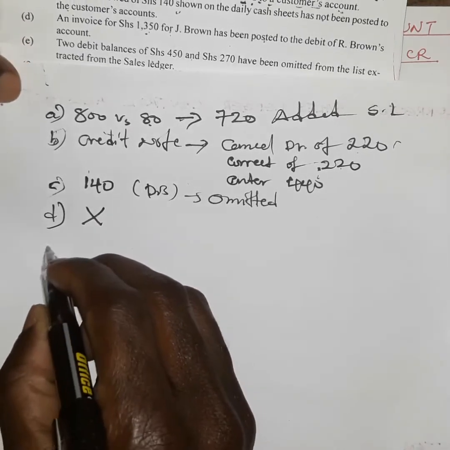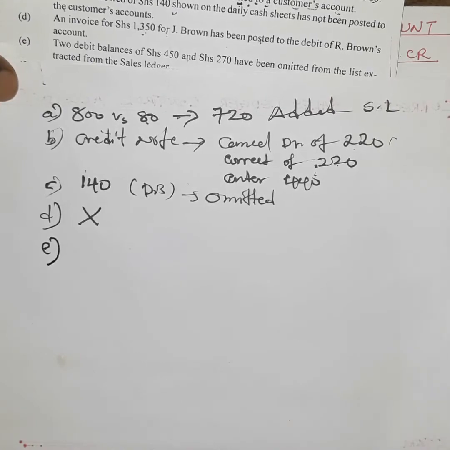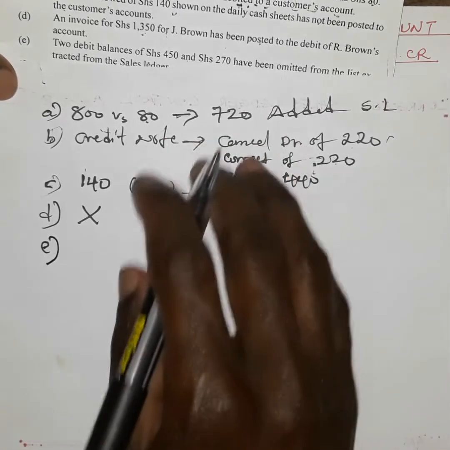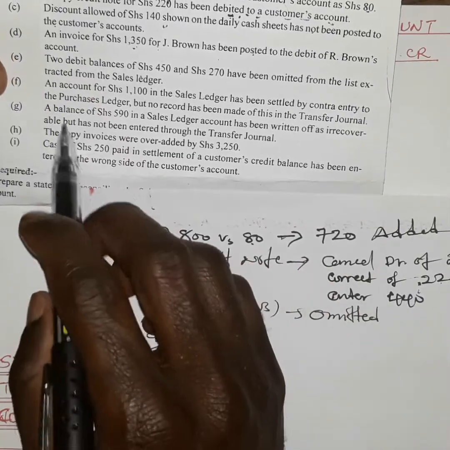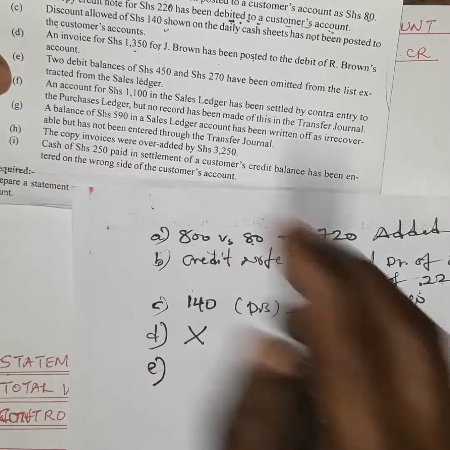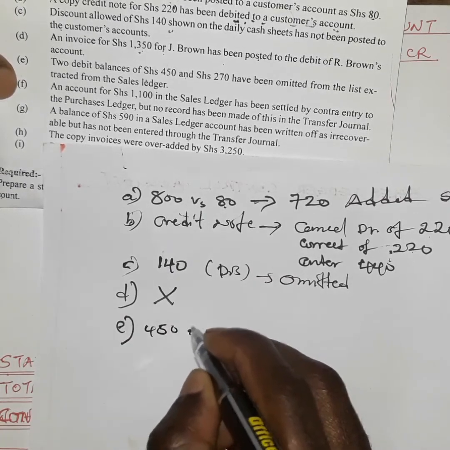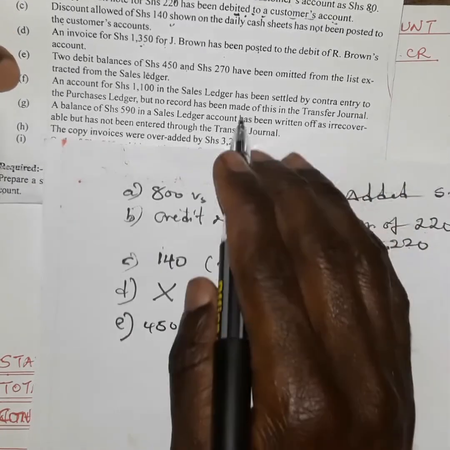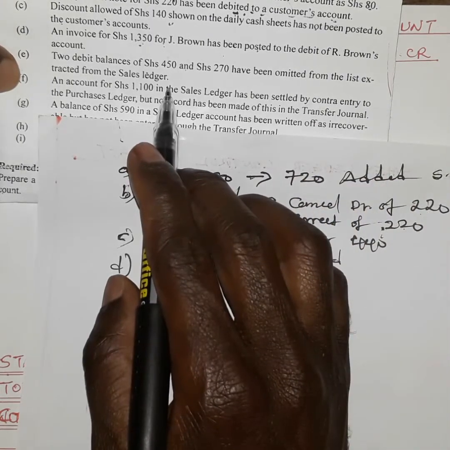Then we go to E. If you talk about E, we are told that two debit balances for 50 and 270 have been omitted from the list extracted from the sales ledger.